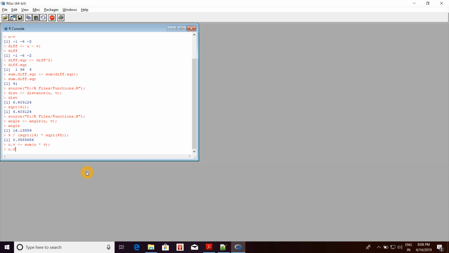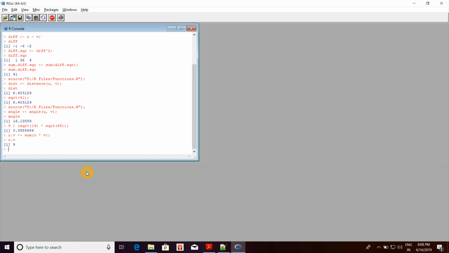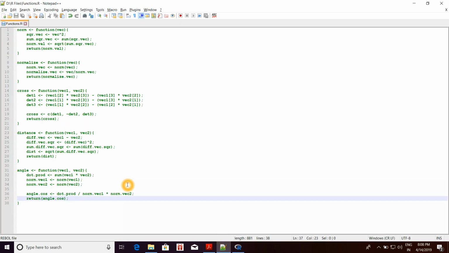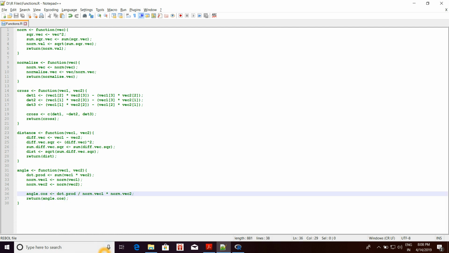So u dot v equals to 9. So what is wrong is the dot product. Okay, so I have to give a bracket here so that the multiplication is done first, because it is getting the preference here, operator preference.